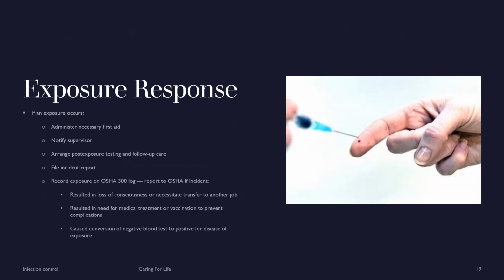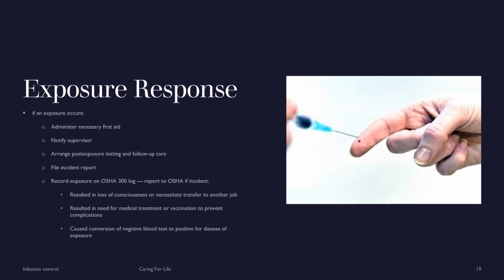So what do you do if you have an exposure? Well, if an exposure occurs at your facility, obviously you're going to go with your facility's requirements. Generally, these are the rules. You're going to apply first aid. So the first thing we're going to do if you're bleeding is control the bleeding. Now, if you had a needle stick, you're going to actually bleed it out for a little bit and wash the area.